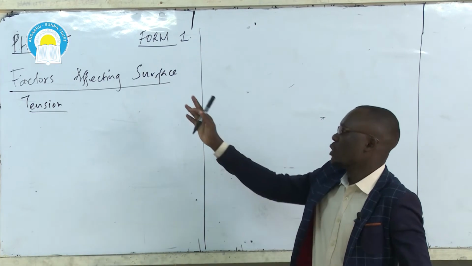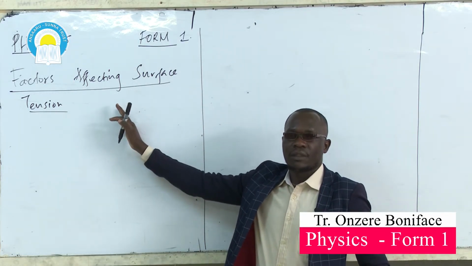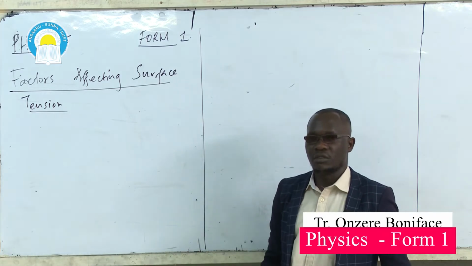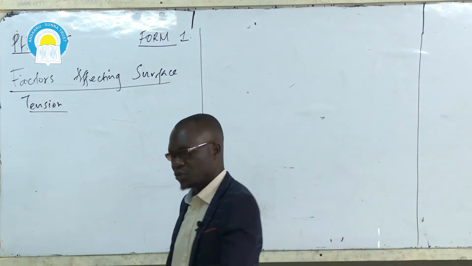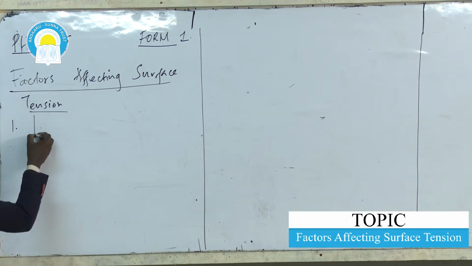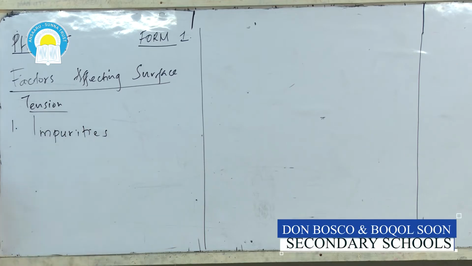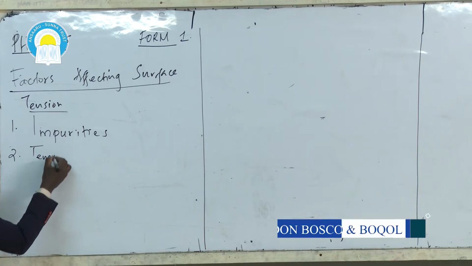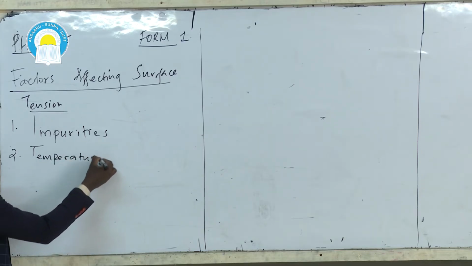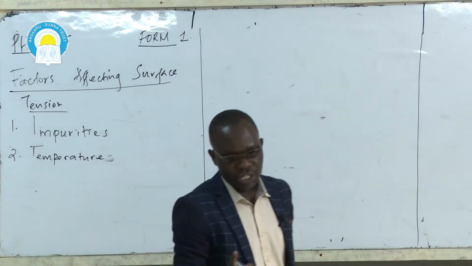You must know the factors which affect surface tension. This is a very common question which you'll commonly meet in your exams. Factor number one, we have what we call impurities. Factor number two, we have what we call temperature. These are the two factors which affect surface tension.